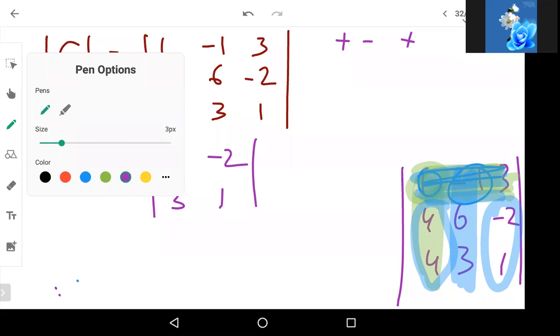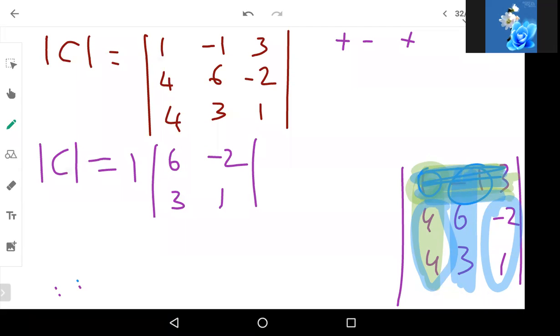So now the next calculation will be minus of minus 1. Why minus of minus 1? If you see here, there is already minus which has to be taken. Again, the element is minus 1.